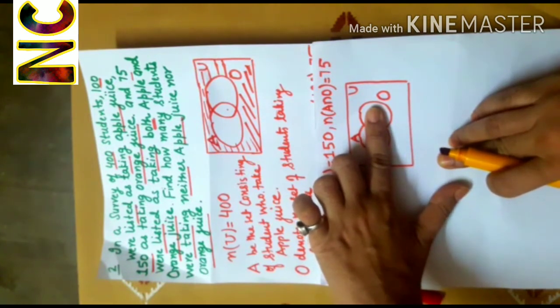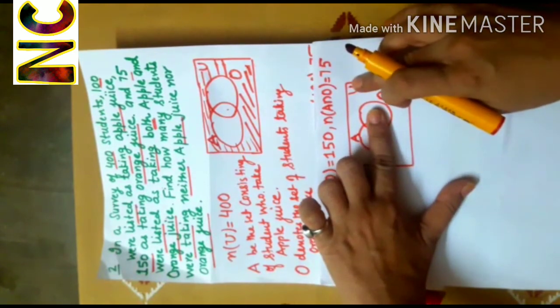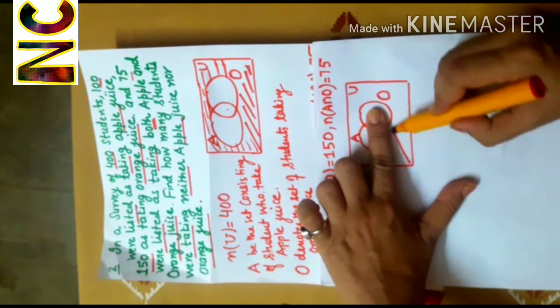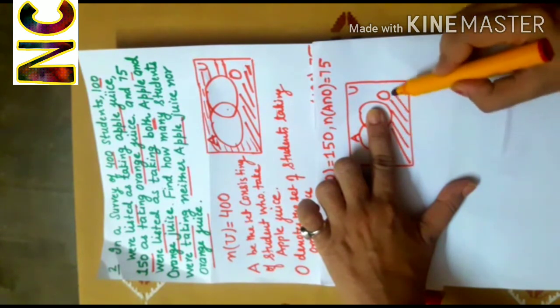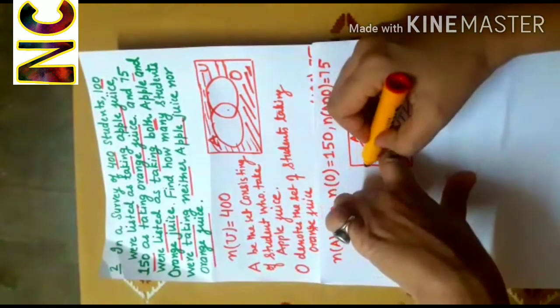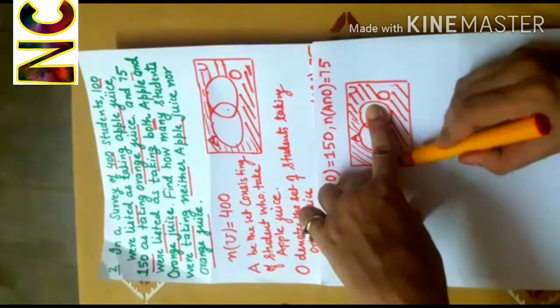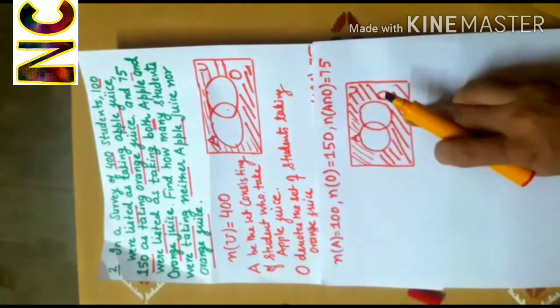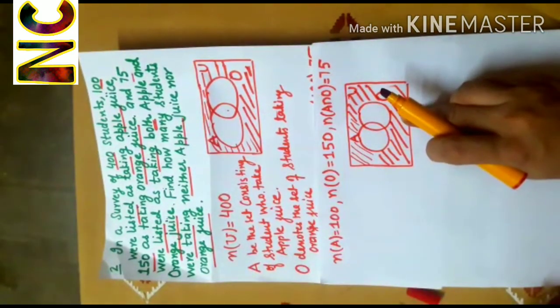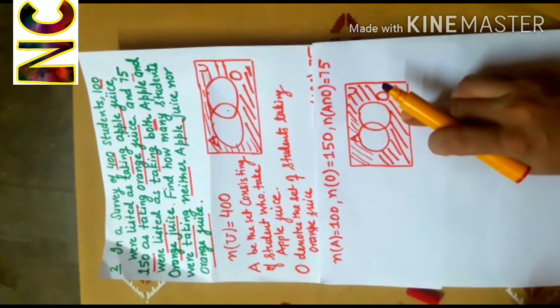So, if I remove this part from the universal set, then this part denotes the number of students who are taking neither apple juice nor orange juice.